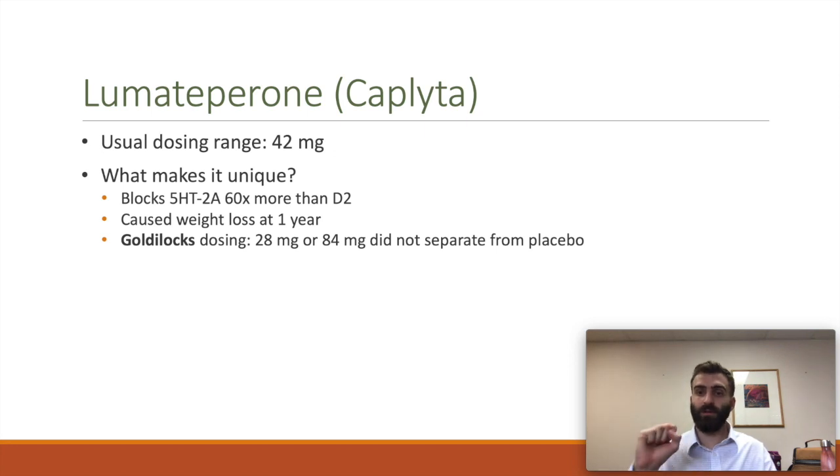Another trial compared the 42 to the 84, and only the 42 was effective. So it's like too little dosing doesn't work, and too much dosing doesn't work. You need to be right in the middle. Also, another one of its trials didn't show efficacy at any dosing range, so it might be on the weaker end of efficacy. But like I said, it's new, so I'll reserve most judgment until I know more about it, see more studies, see it used in practice.